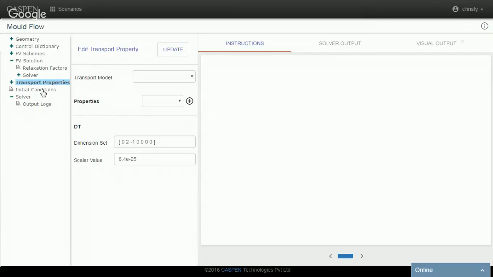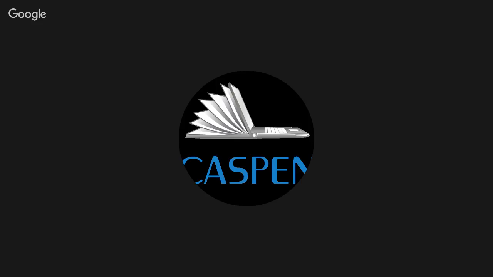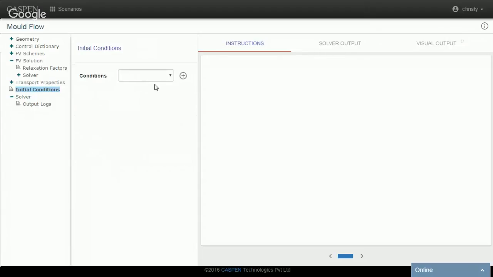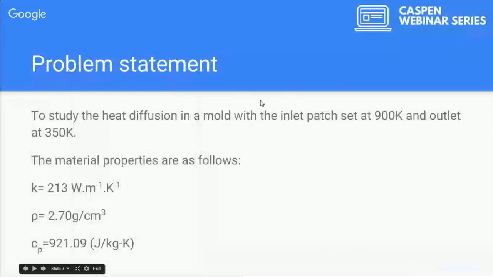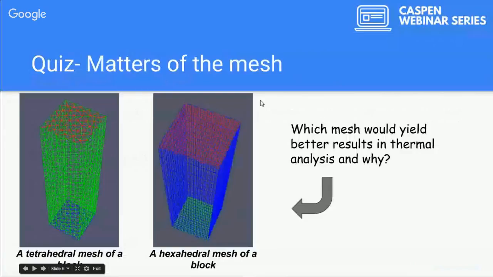So one, the initial condition, that is T, but we will be using two types of boundary conditions. So I will explain the initial value and the boundary value problem.